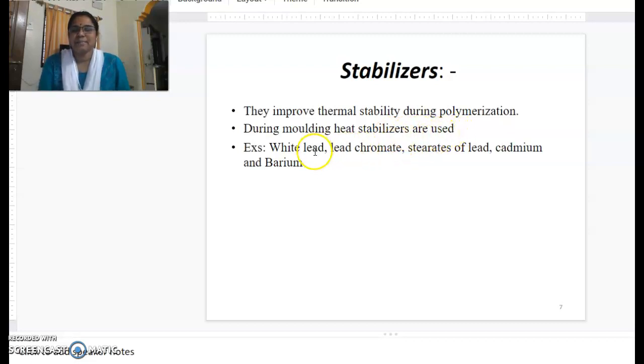Various examples are white lead, lead chromate, stearates of lead, cadmium and barium. These are some widely used examples of stabilizers for the compounding of plastics.